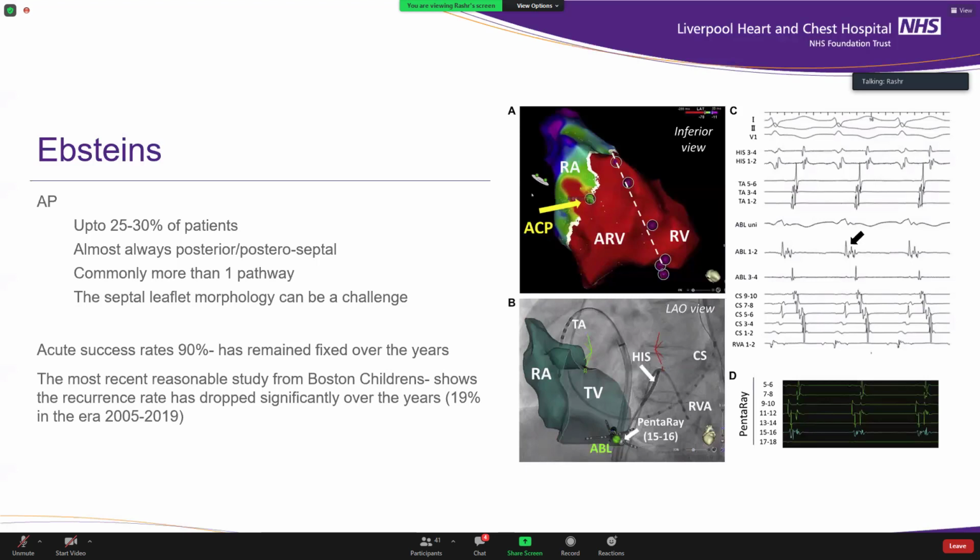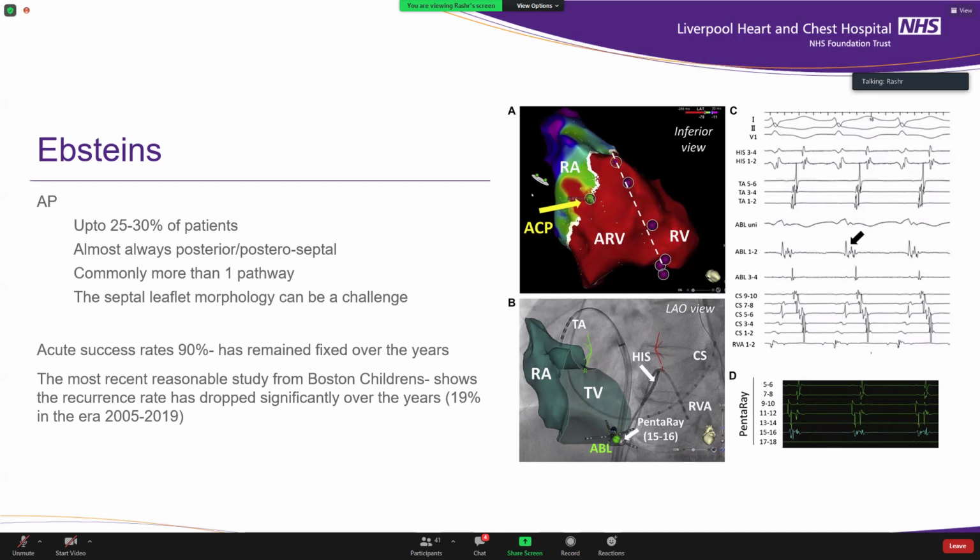Depending on the septal leaflet of the tricuspid valve, getting to these can be a real challenge. If your septal leaflet is very deformed and covering a lot of these areas, getting to the pathway can be tricky.